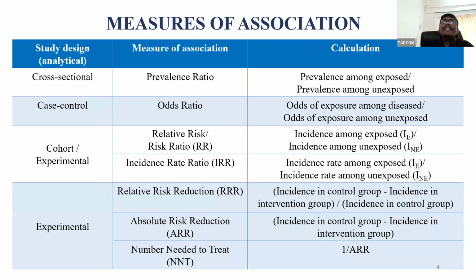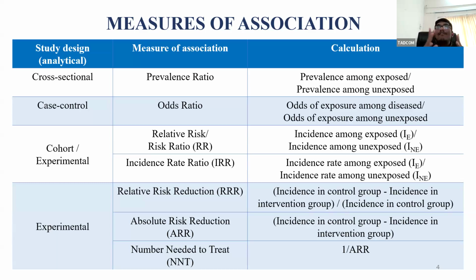Whereas if it is an experimental study, we can go with measures like absolute risk reduction, relative risk reduction, and number needed to treat. Depending upon what we are studying and whether we are going with a drug trial or whatever it might be, we can give the measure of association accordingly. The number needed to treat is how many persons we have to treat to prevent one adverse event.